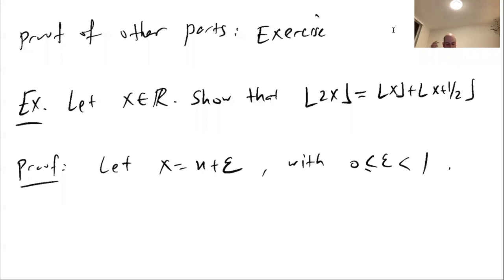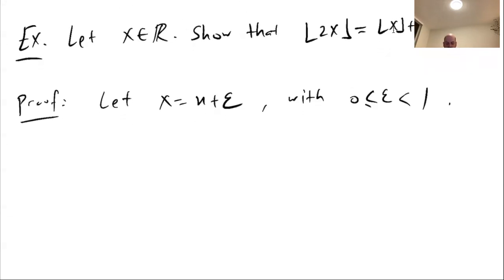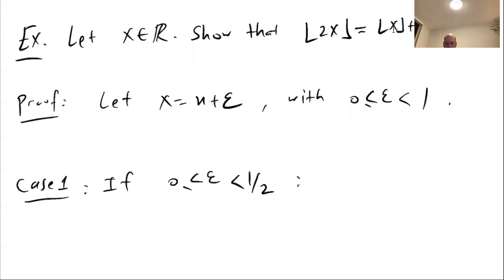Now I can consider two cases. Remember two small gaps: is x in the first small gap, or in the second small gap? So case 1, if epsilon is bigger than or equal to 0 and less than 1/2. Then what can I say about 2x?